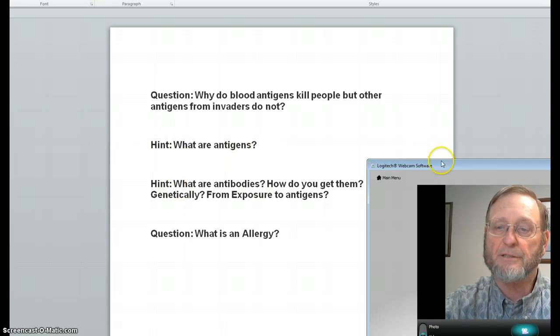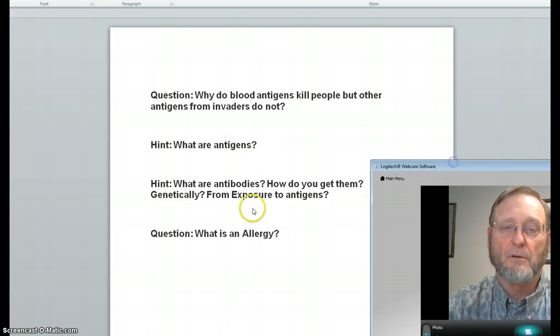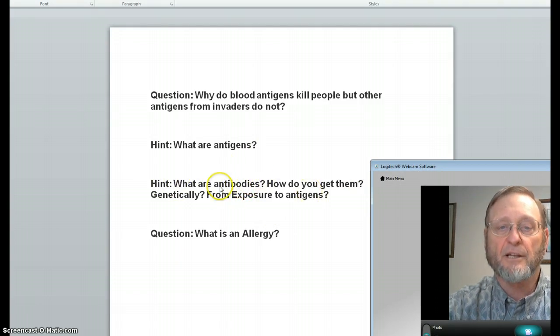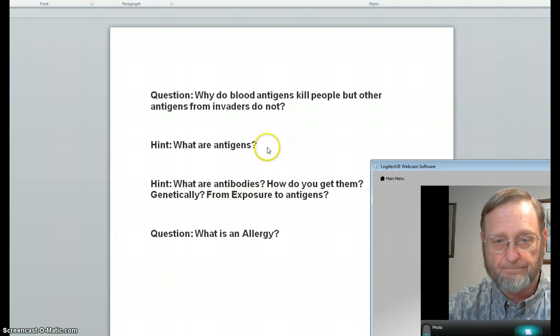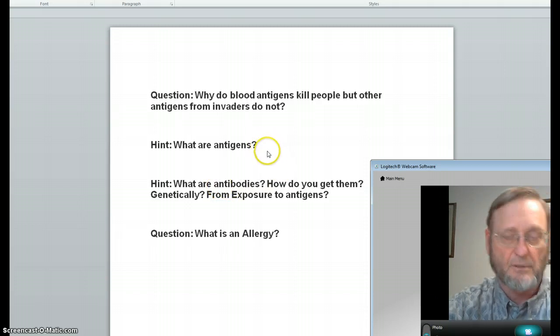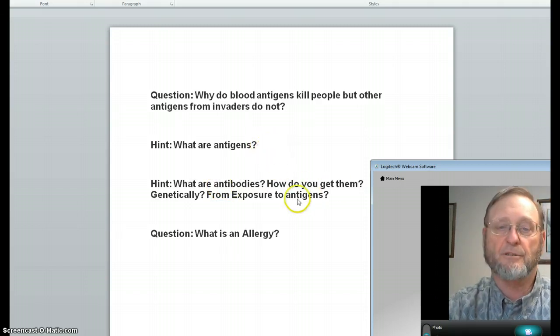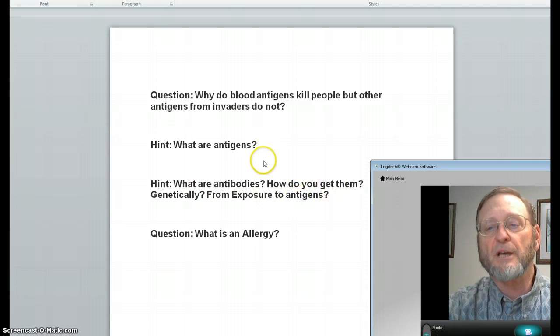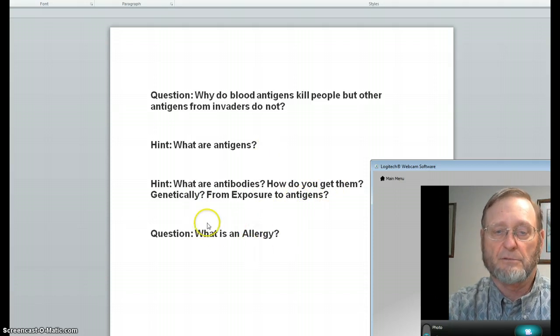And the antibodies are the little soldiers that your white cells, your mast cells have made to fight against the antigens that it doesn't want to see. This is how we fight infection. But it also sometimes is how we get an allergy.